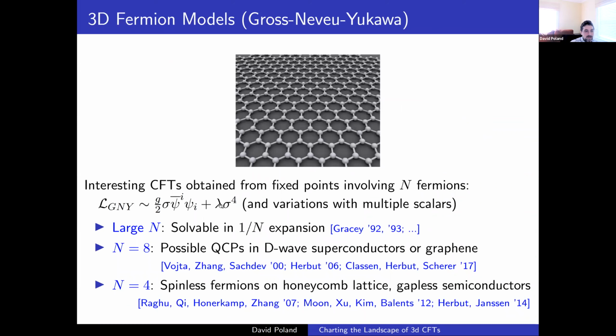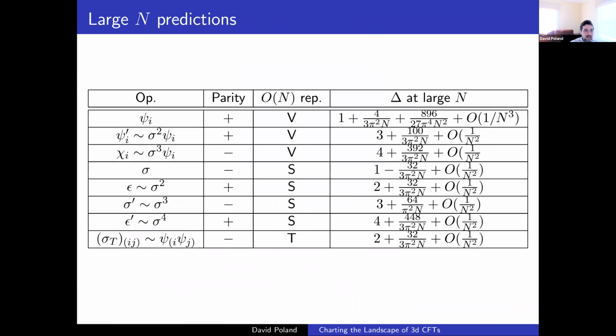The equation of motion for the fermion tells you that some linear combination of psi sigma and sigma cubed is a descendant, and the other linear combination is not. So if I go look at this table, that psi sigma operator is not present in this table.